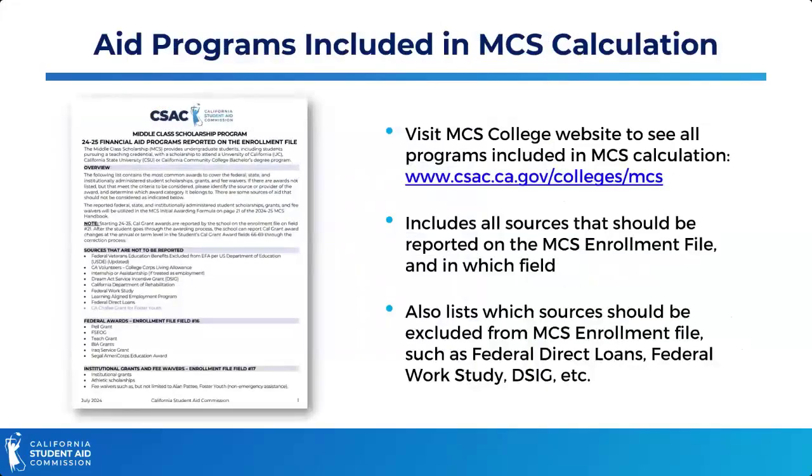We do have a PDF document that you can download from the website, csac.ca.gov/colleges/MCS, that has all of the aid programs that are required to be included in the MCS calculation and in which fields in the enrollment file you need to report that aid.